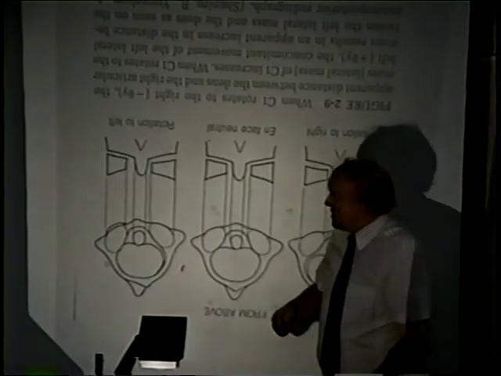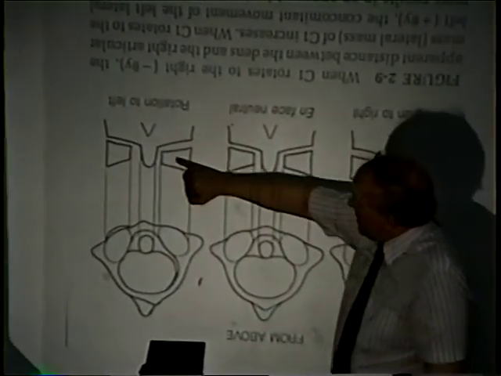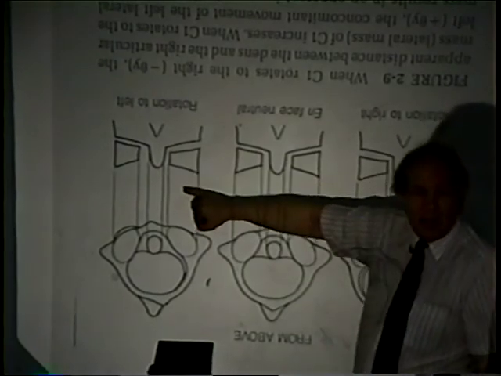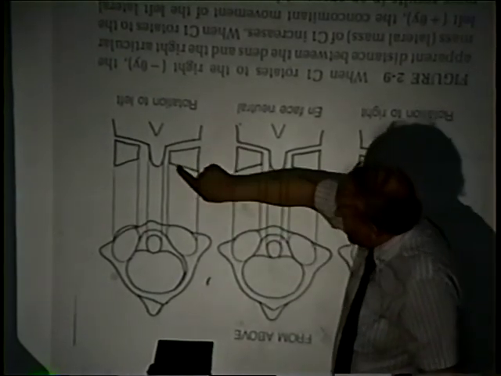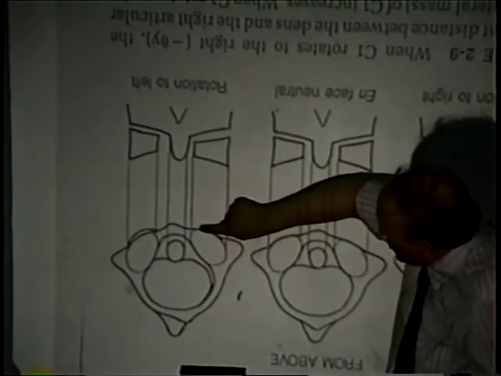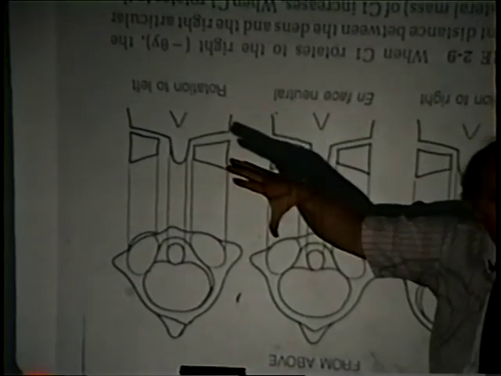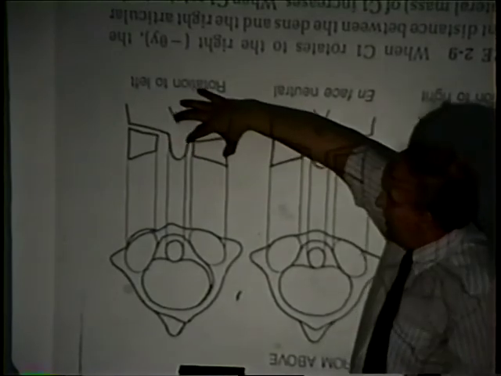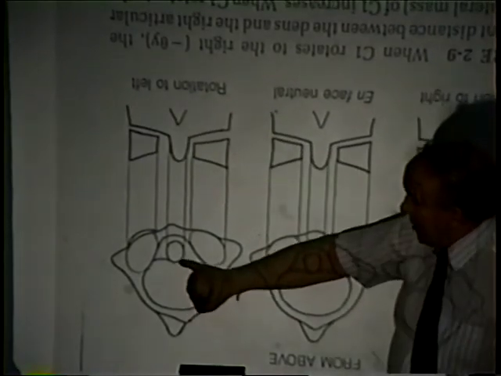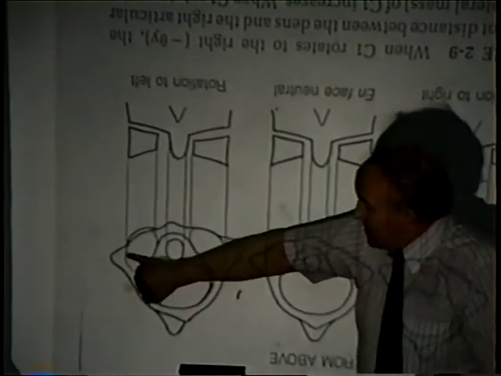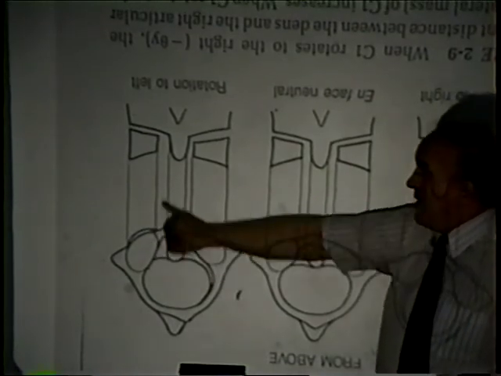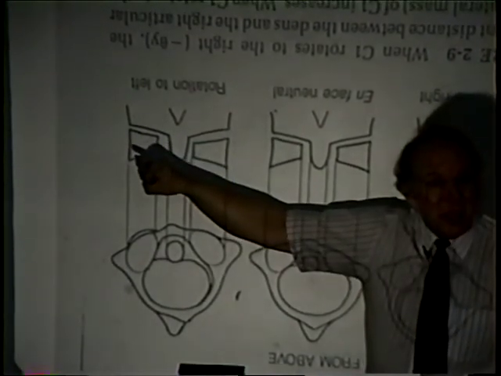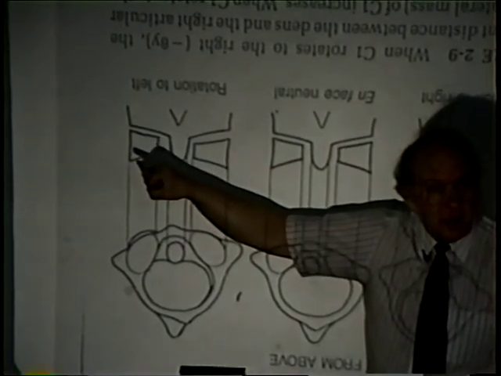What Punjabi and White say is that it is an artifact of the X-ray when we do this. It's merely that these surfaces here change their shape in terms of the orientation, and it looks as though this has slid that way, when actually it's a change of the orientation of the facets, which gives the appearance on the X-ray of a side glide to the left.